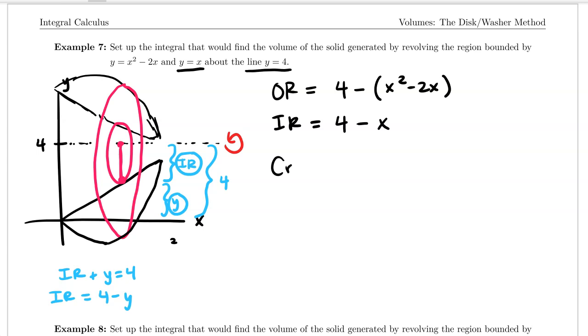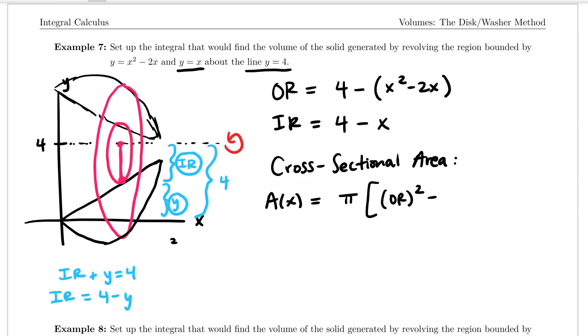Now, if I take a cross-section and I want to calculate the cross-sectional area, we've been calling it A of x. So in this case, A of x is equal to pi times the outer radius squared minus the inner radius squared.